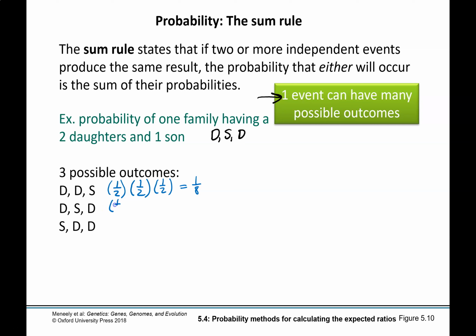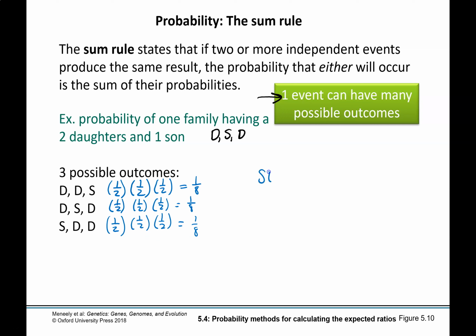That was also 1/8. 1/2 chance of having a daughter, 1/2 chance of having a son, 1/2 chance of having another daughter, also 1/8. Same thing with a son. 1/2 chance we'll have a son, 1/2 for daughter, 1/2 for daughter again, 1/8. So we can get 2 daughters and a son in 3 different ways.